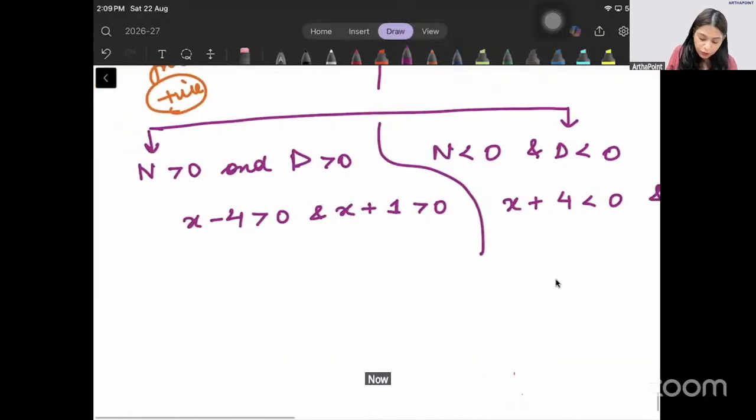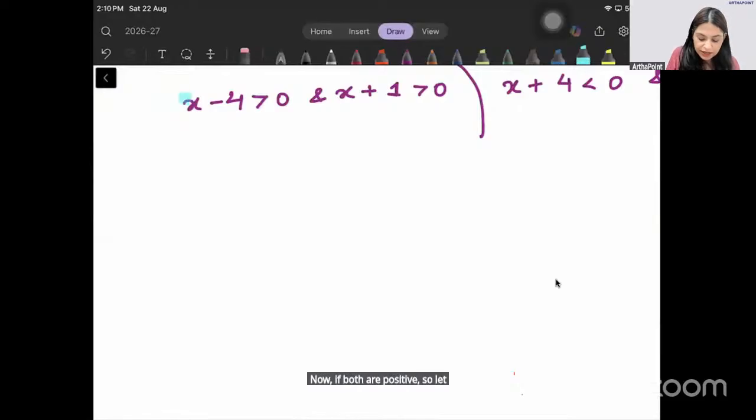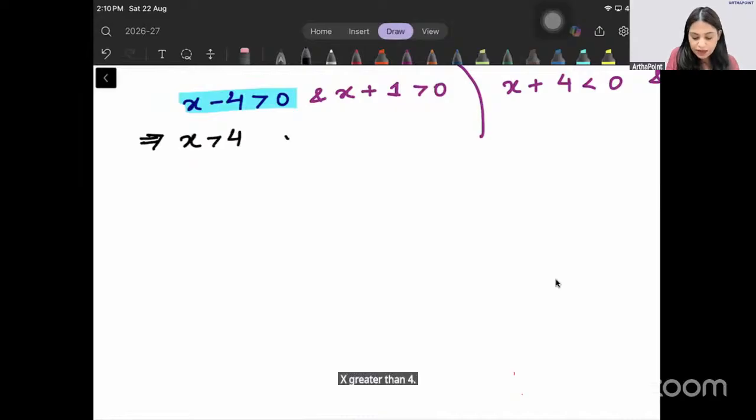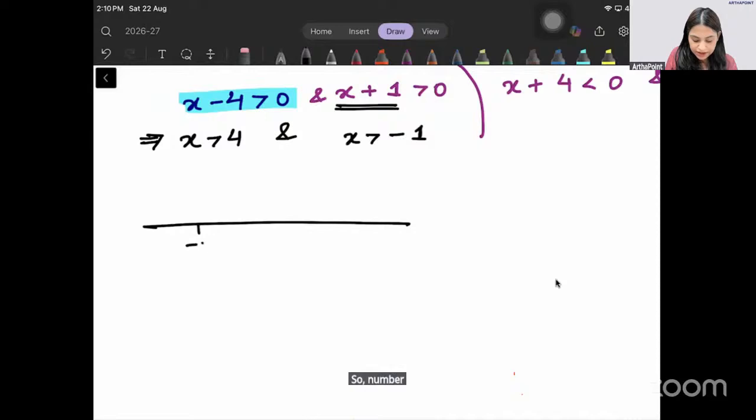Now if both are positive, let's solve this. x minus 4 greater than 0 means x greater than 4. And x plus 1 greater than 0 means x greater than minus 1. So look on the number line: this is minus 1, 0, 1, 2, 3, 4, 5 and so on.